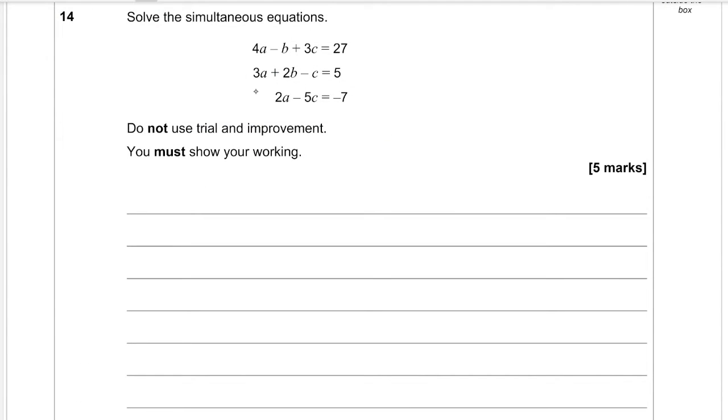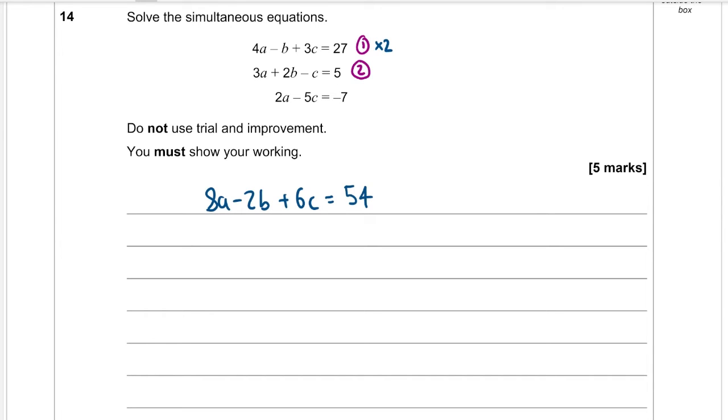Okay, a triple simultaneous equation. I need to eliminate one of the variables, and I'm going to pick 1 and 2, and I'm going to eliminate b, because the third equation doesn't have a b in it, so that's going to be really helpful. So in order to eliminate b, I'm going to multiply this top equation by 2, and that will give me 8a minus 2b plus 6c is equal to 54.